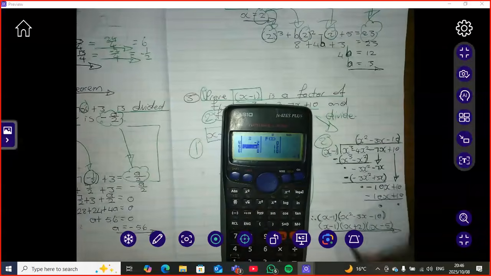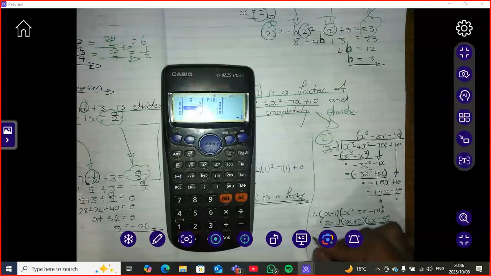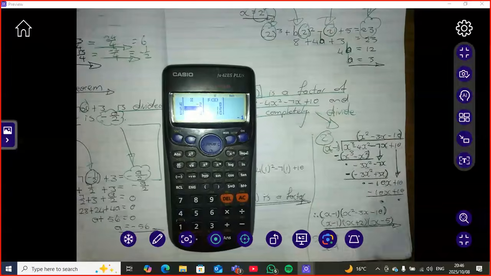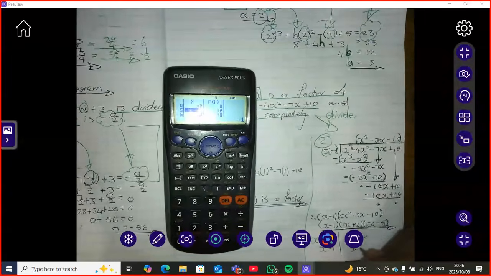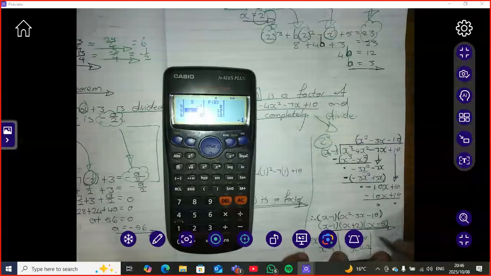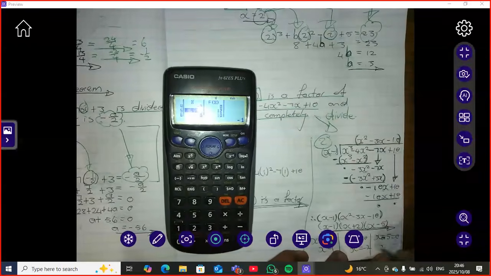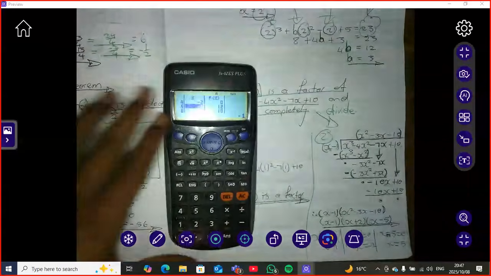And when you take this out, so we all know that x minus 1 equals 0, x equals 1. Then x plus 2 equals 0, x equals negative 2. Then x minus 5 equals 0, x equals positive 5. We all know that, right?